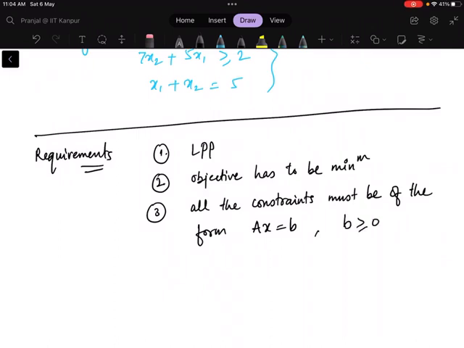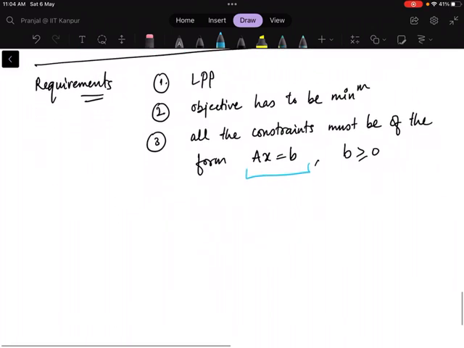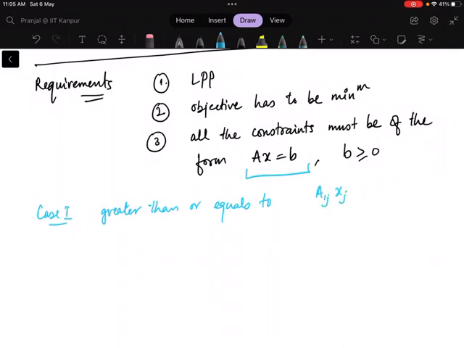Now let us expand on this. What do we mean by Ax equals to b? For case 1, if we have greater than or equals to, the first row, the sum of a1j xj, is greater than or equals to b1.